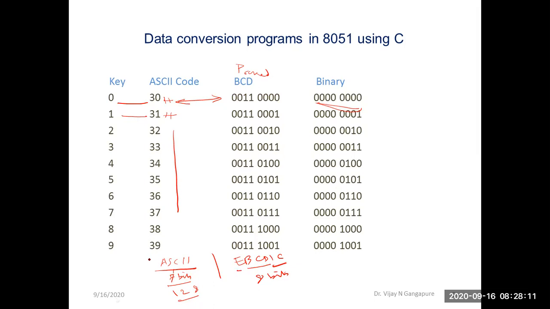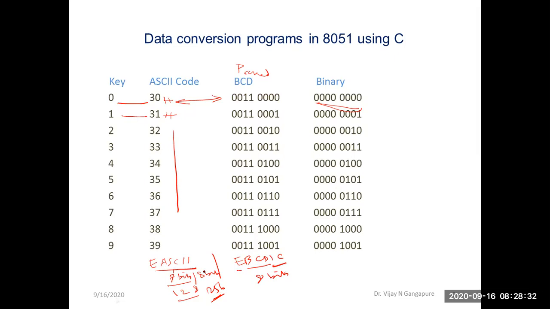But here one more type, an extended version of ASCII code, is available, called extended ASCII code, which uses 8 bits instead of 7, so that 256 symbols, letters, characters, or numbers can be represented.